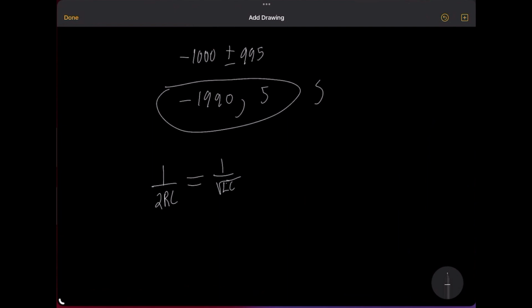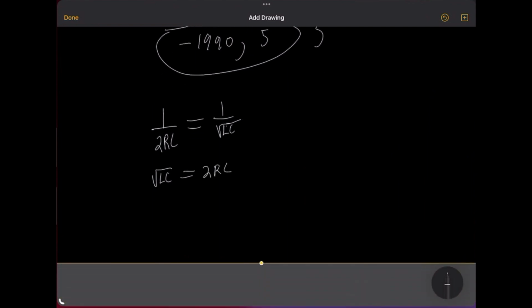So we need to solve for C. So we're going to cross multiply. We're going to get root LC is equal to 2RC. Square both sides. LC is equal to 4R squared, C squared. Divide both sides by C. L is equal to 4R squared C. And then we're going to divide that 4R squared over.